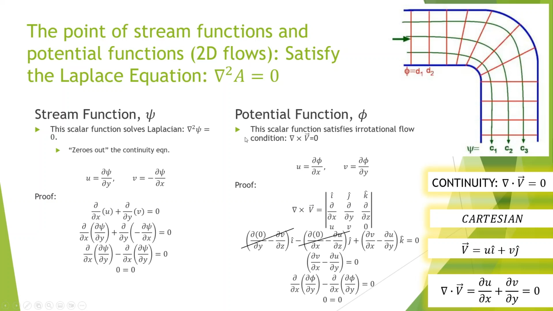So what is a stream function and a potential function? If we look at this del dot v, we are going to have two components that we have to solve for, and that's kind of a pain, right? So we want to have some kind of scalar function, psi or phi.